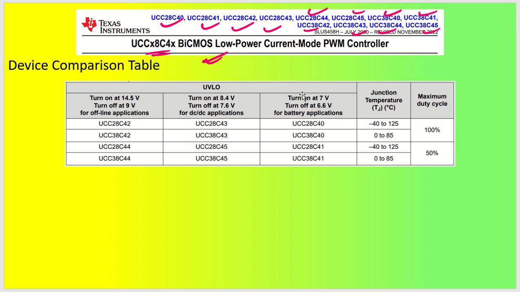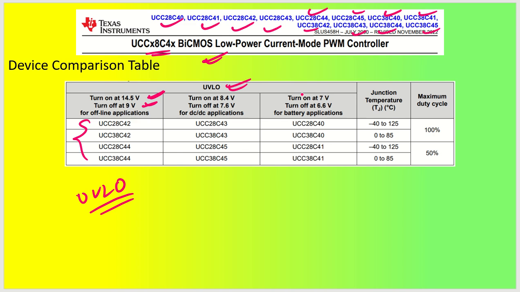The difference between all these devices is basically the turn on voltage and turn off voltage, that is the under voltage lockout. That is one of the differences. You can see it is written under voltage lockout.